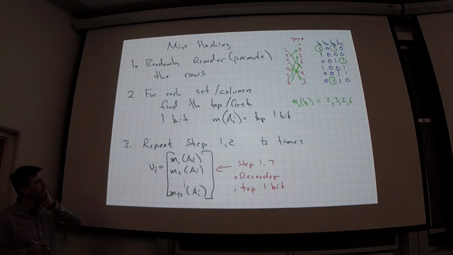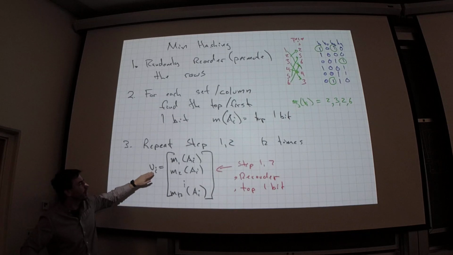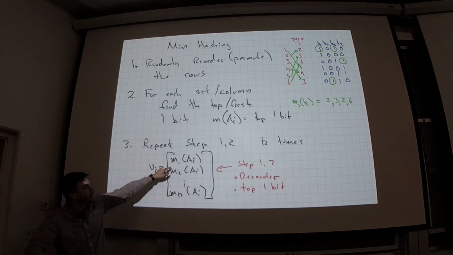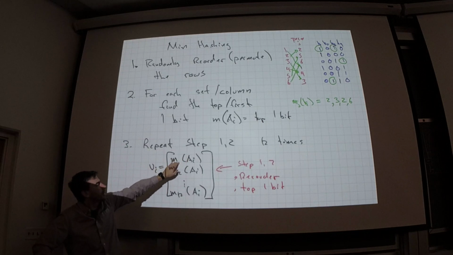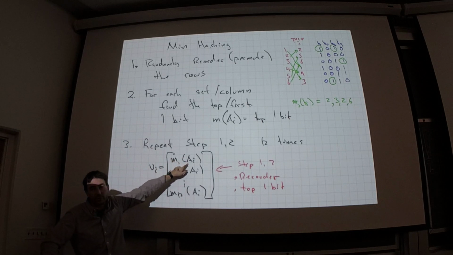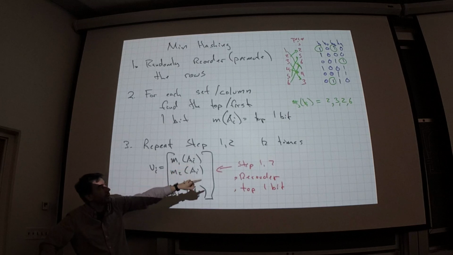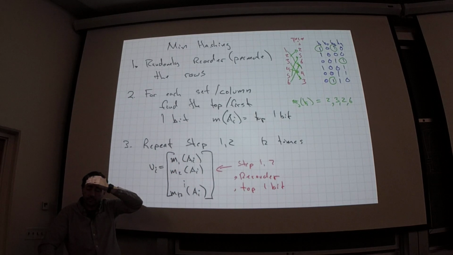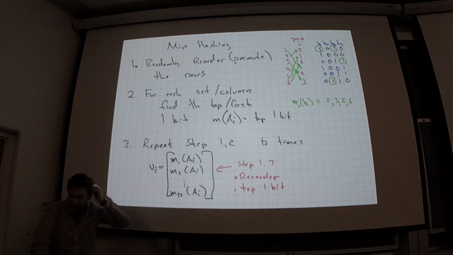So for set A1, if this is the first column, the first row of this element, it gets a 2 here, right, which is going to match the value for B3.